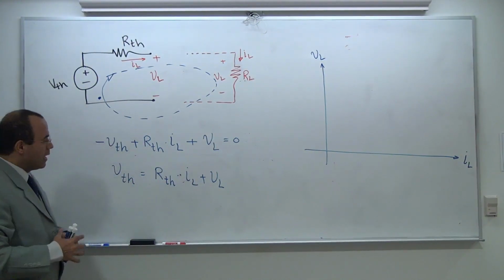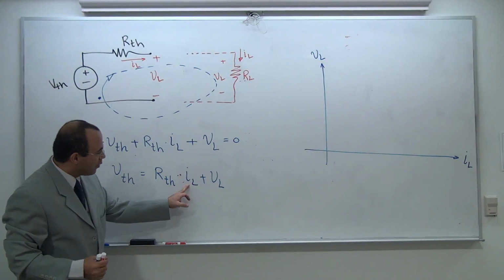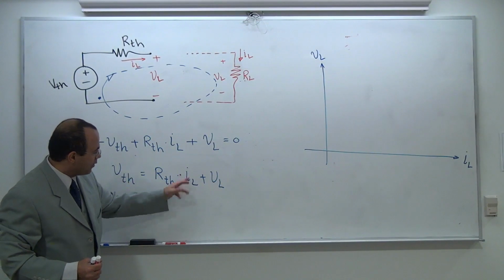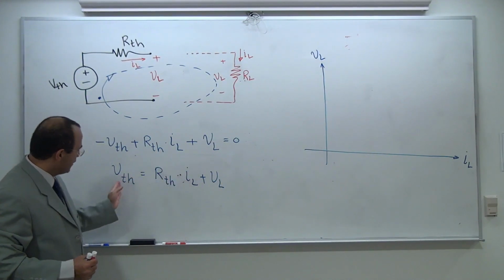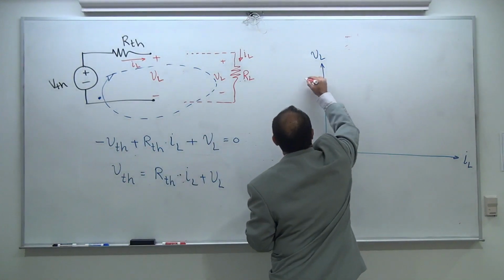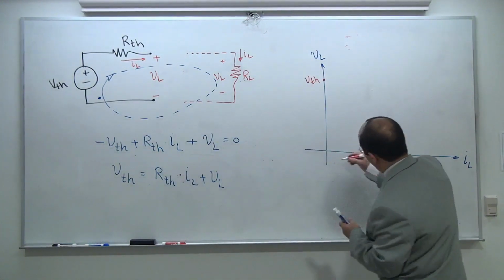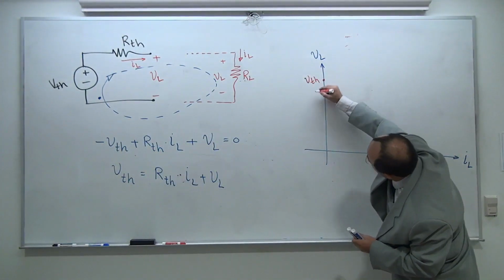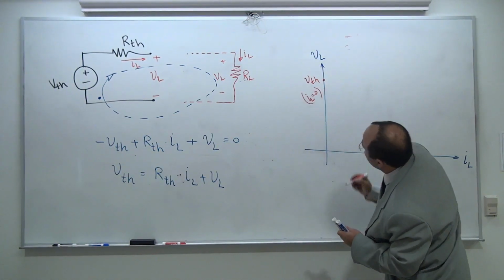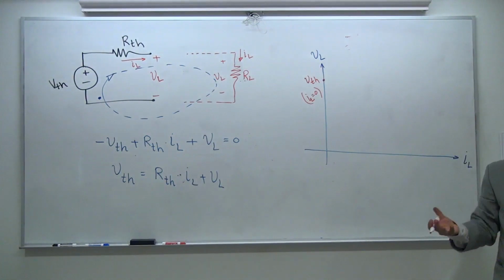This is a line. Now, if IL is 0, what happens to my V Thevenin? If IL is 0, this term is gone, and V Thevenin is equal to VL. So this one is going to be V Thevenin, because this is IL equal to 0, and that's my V Thevenin. What did I just say?